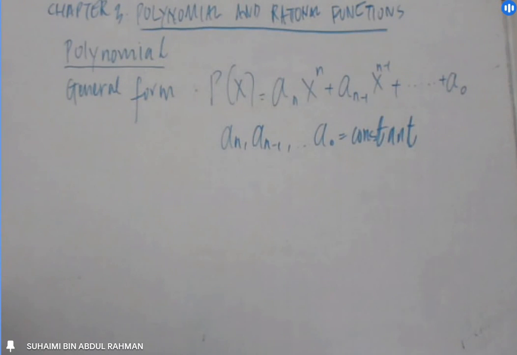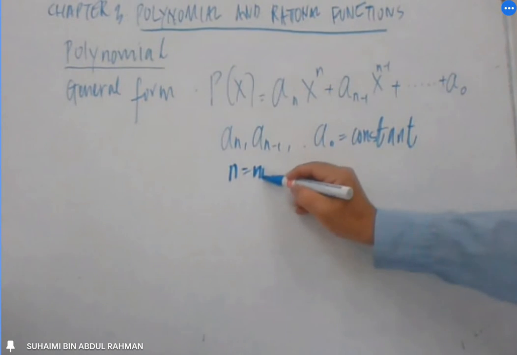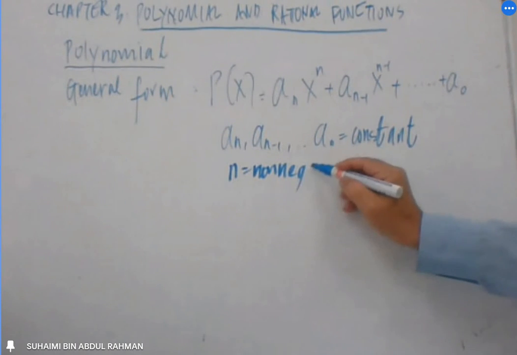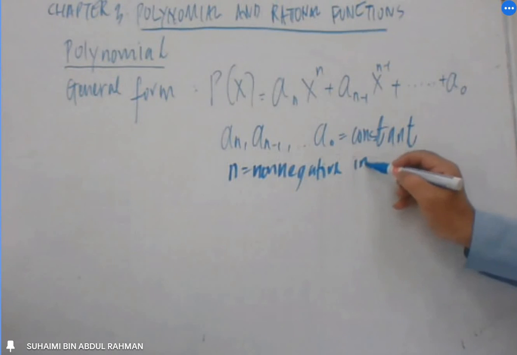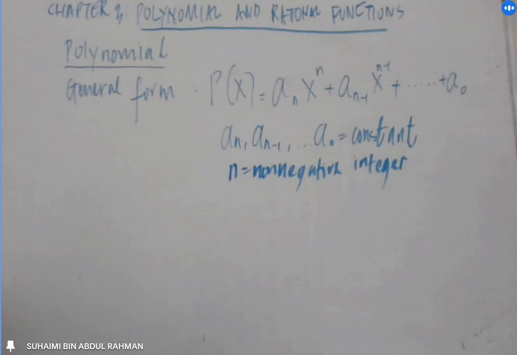And n is a non-negative integer. n must be a non-negative integer. If the value is negative, this does not represent a polynomial. So to be a polynomial, n must be positive or non-negative. Zero is considered non-negative. So that's polynomial.